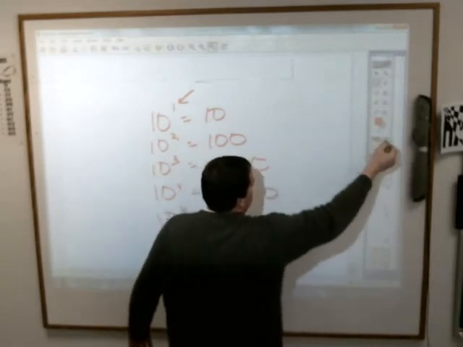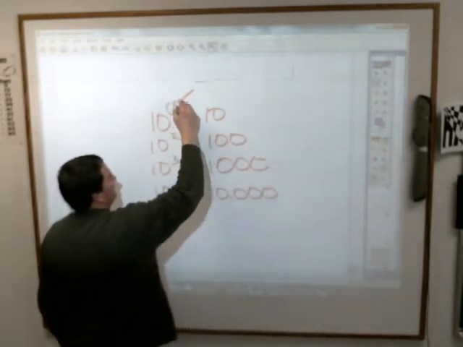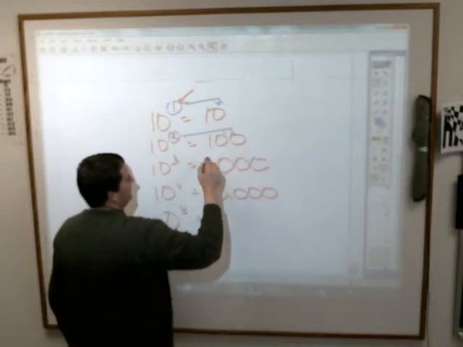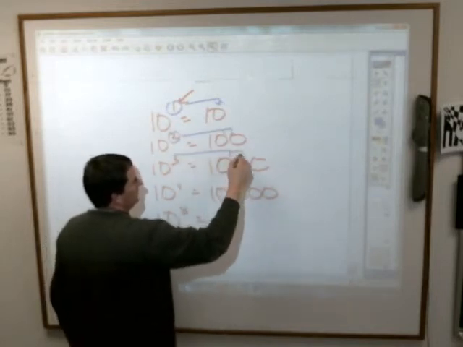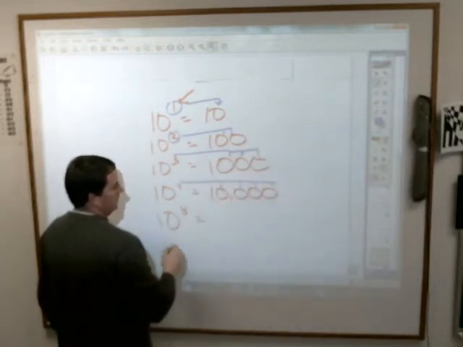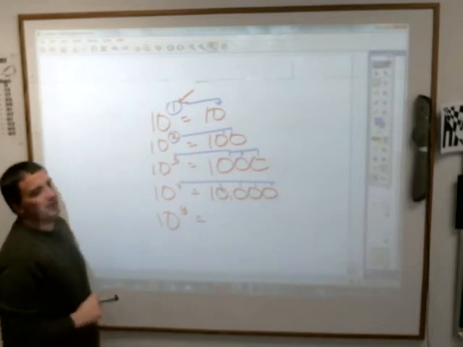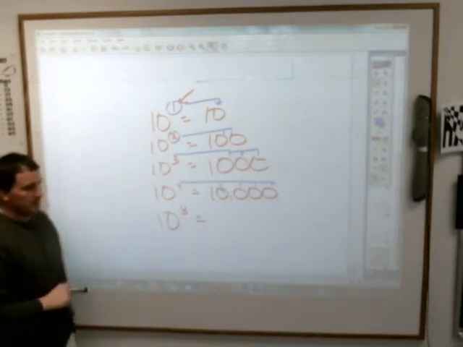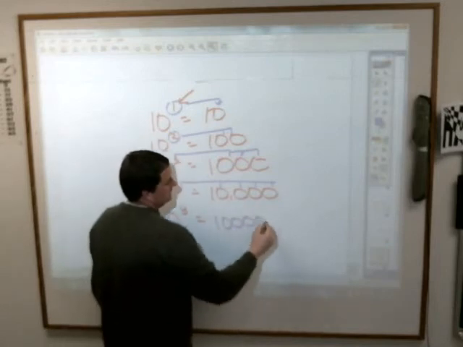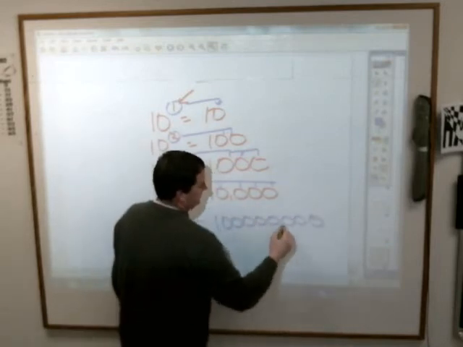Take a look here. You have a 1. How many zeros do you see there? You have a 2. How many zeros do you see there? You have a 3. How many zeros do you see there? You have a 4. How many zeros do you see there? 10 to the 8th power is going to be a 1 with, Caleb, 8 zeros after it. 1, 2, 3, 4, 5, 6, 7, 8.